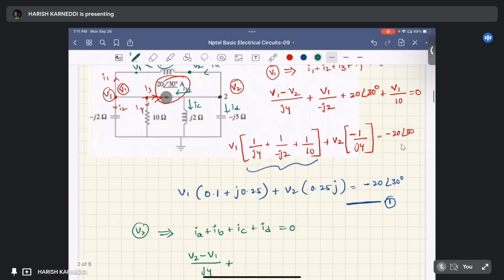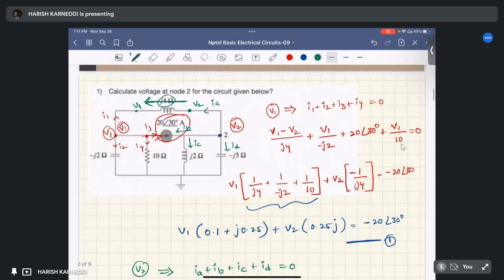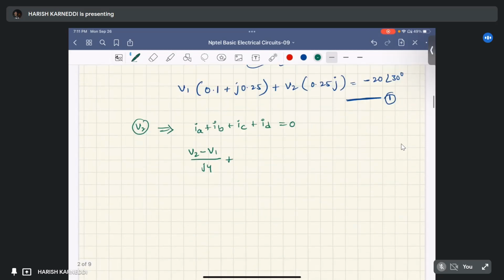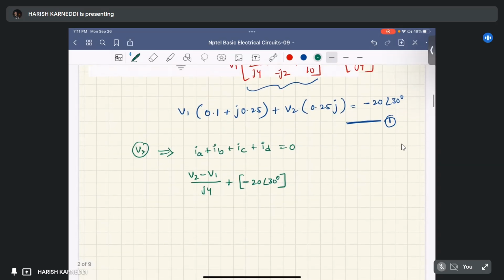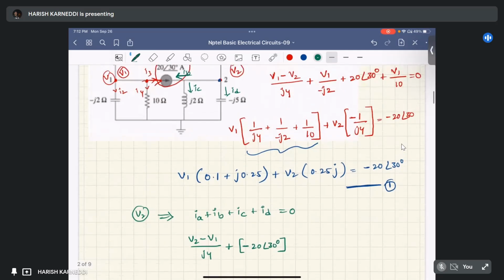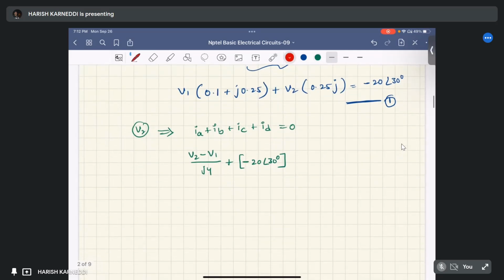Similarly, how can we write IB? IB is the current in the direction opposite to the current source, so we write IB equal to minus 20 at an angle of 30 degrees. Because IB is the same as the current source current but the direction is opposite, we put a negative sign here.